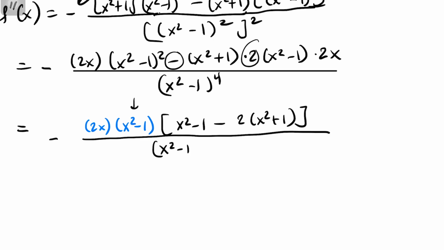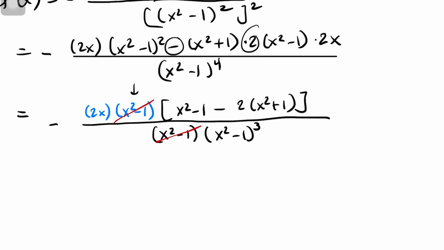And since we already factored one of them, we're going to be able to factor one of them in the denominator as well. So there you go. Because here these two can cancel each other out. And so we're left with minus 2x.